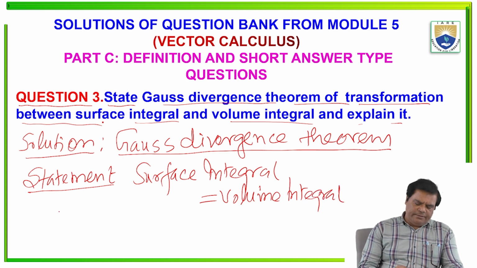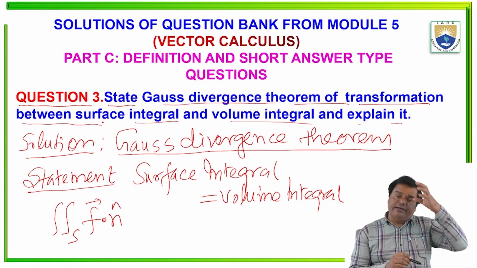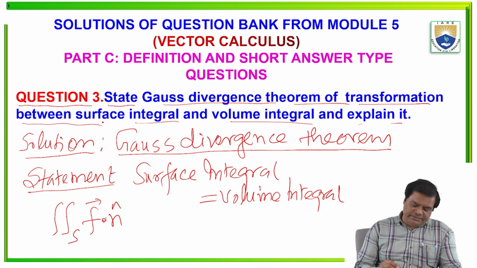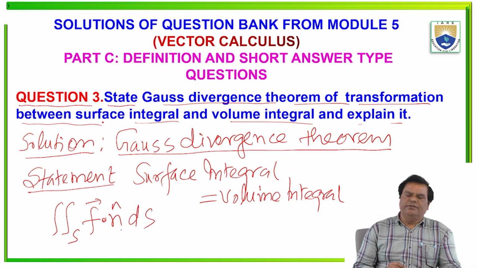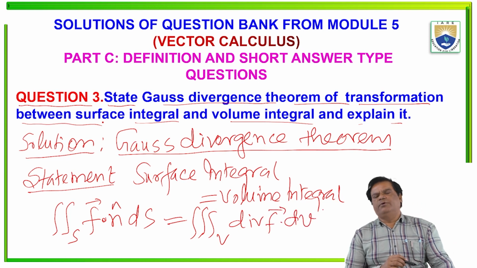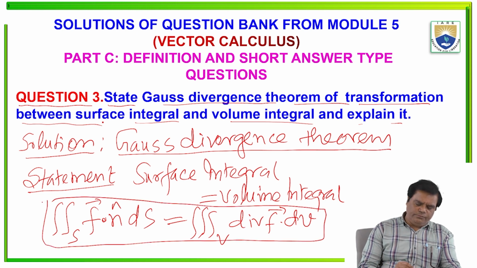Surface integral, double integration over the surface, f is any vector point function, dot n, where n is a unit normal vector perpendicular to the surface, ds. This is equal to the triple integration over the volume of divergence f dV. This is the formula.